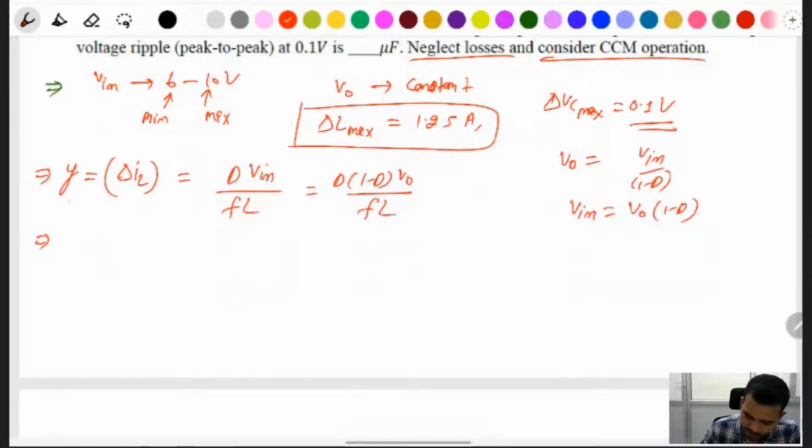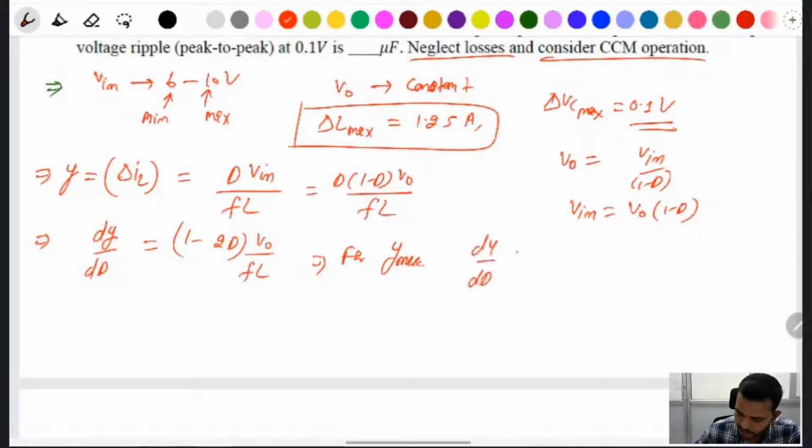Take this as a function, y. To find the maximum, differentiate with respect to duty cycle and find 1 minus 2D V naught divided by FL.